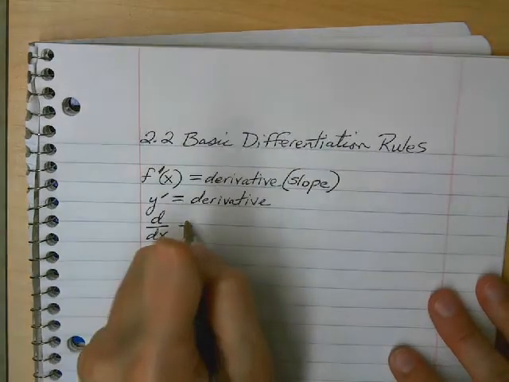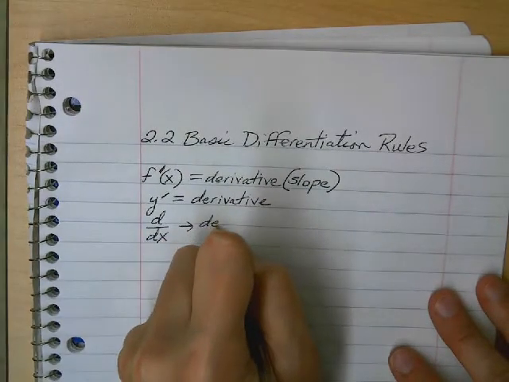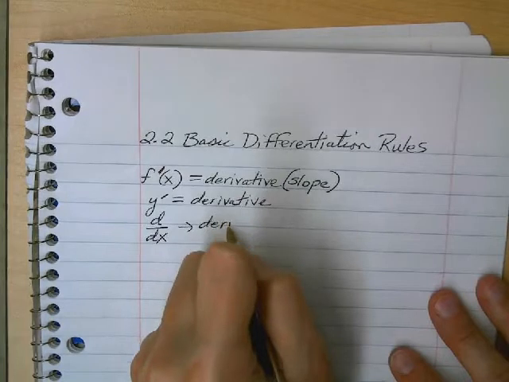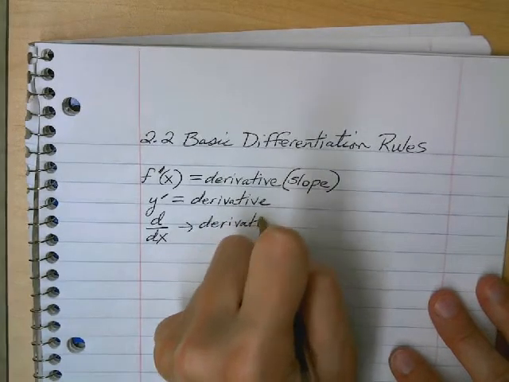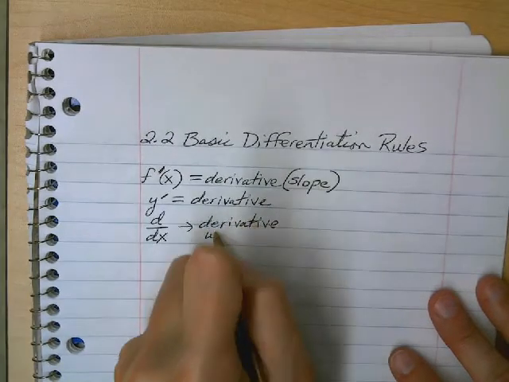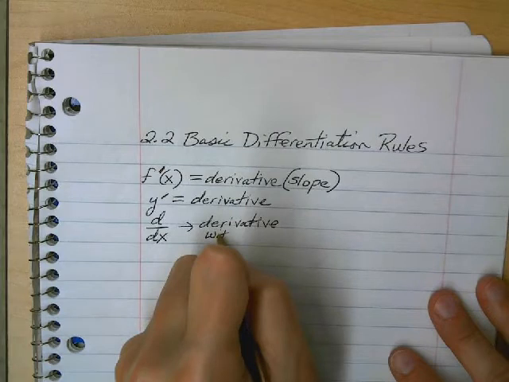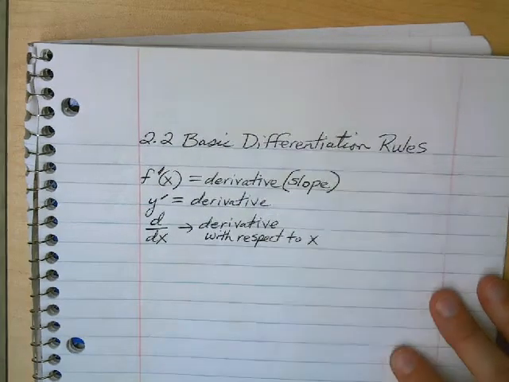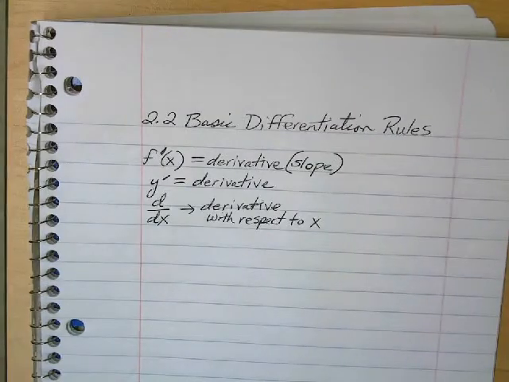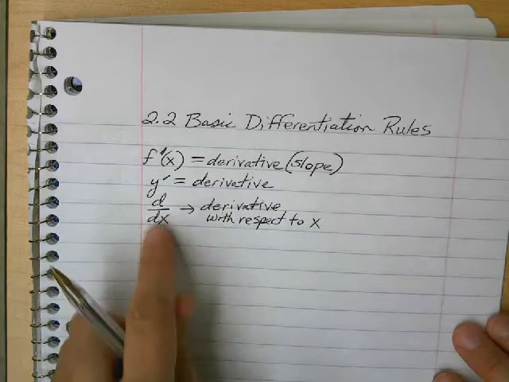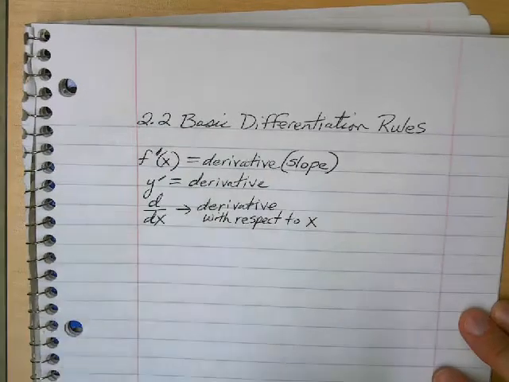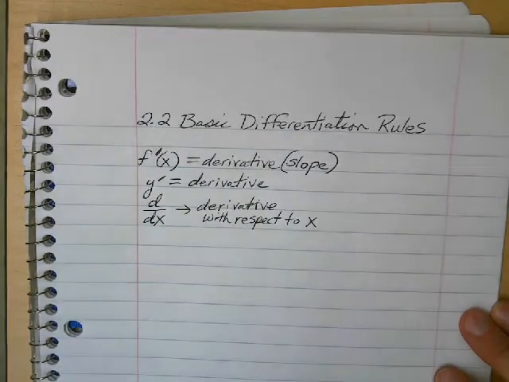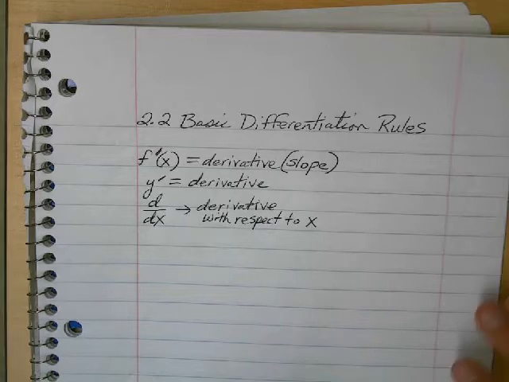So this just means derivative, with respect to x, because formulas have x's in them, so you're finding the derivative with respect to x. If they write d dx in your text, it means you're finding the derivative.